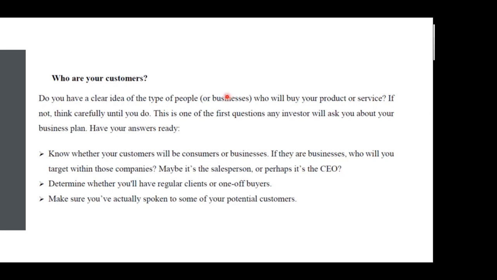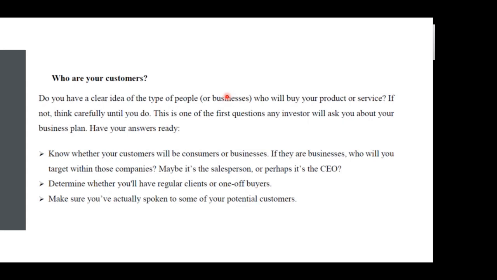So now, after the executive summary, we have to explain our customers. When we start a business, when we think about a business, we should have a good idea about customers. We should know who our customers are.